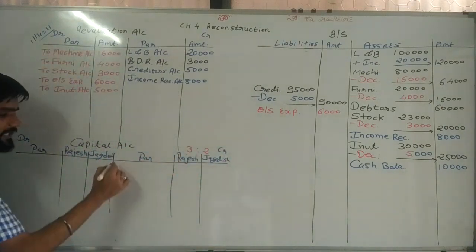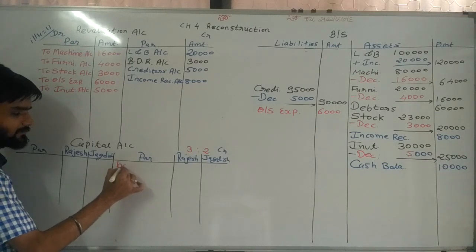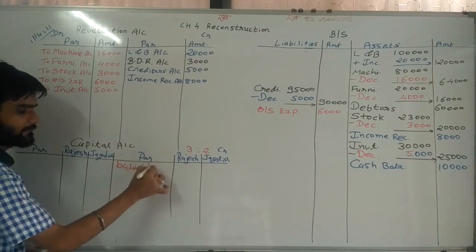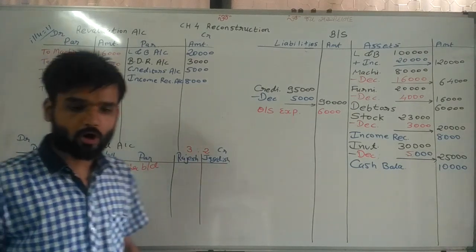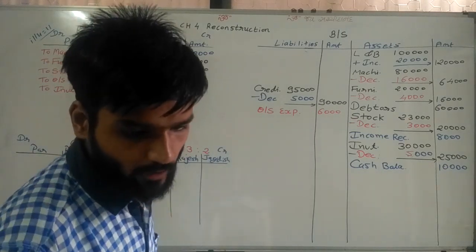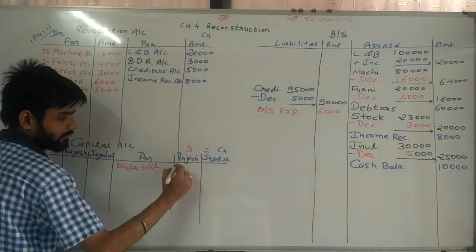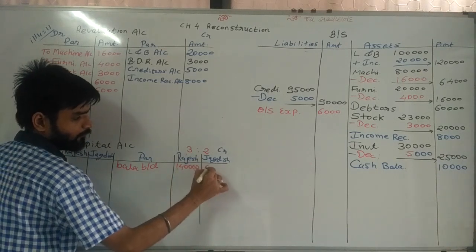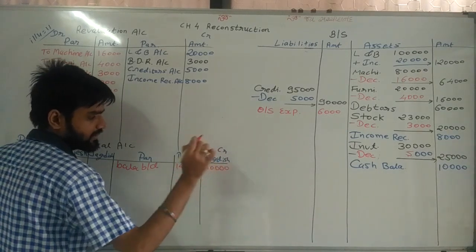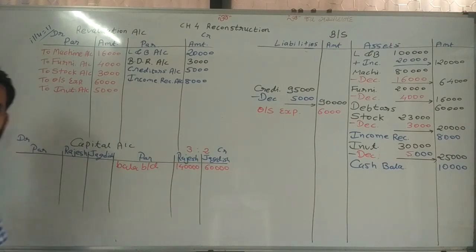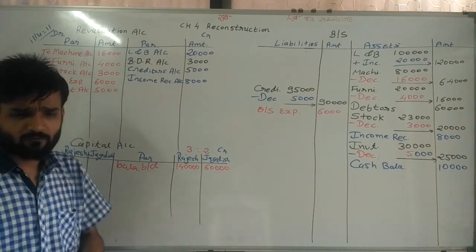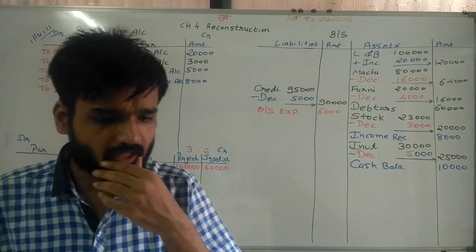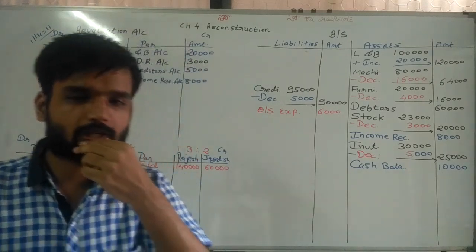So write down the balance. And balance for Rajesh 140, and for Jagdish 60,000. Simple. Then after, sir, there is written general reserve 10,000.